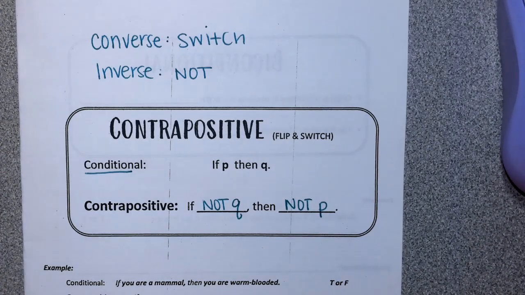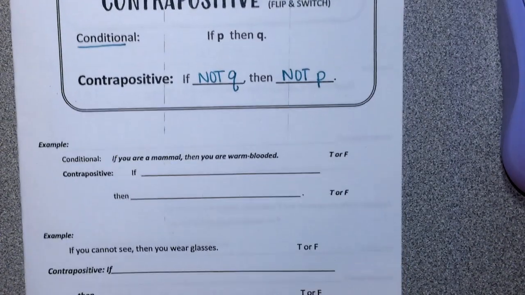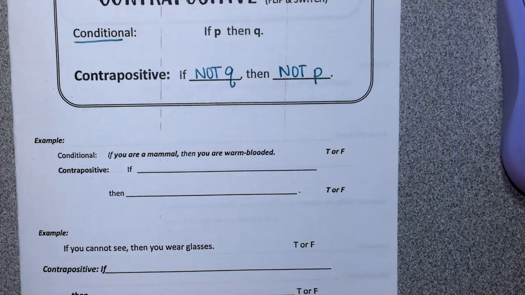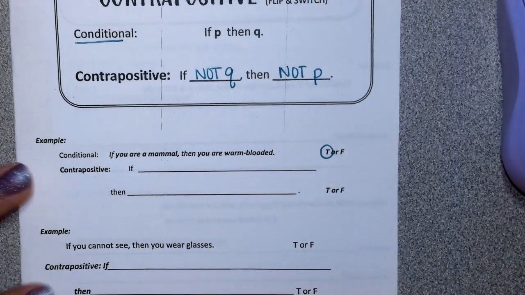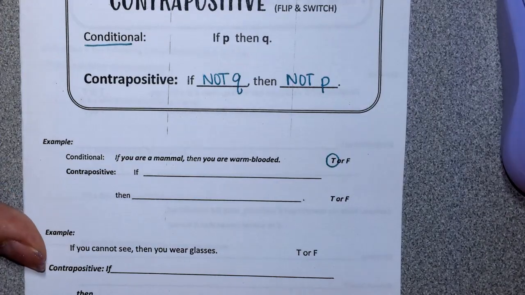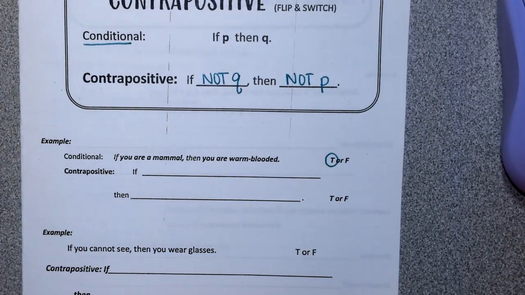So, can I move this up? If you are a mammal, then you are warm-blooded. True or false? True. So one of the definitions of mammals. What would the contrapositive be?